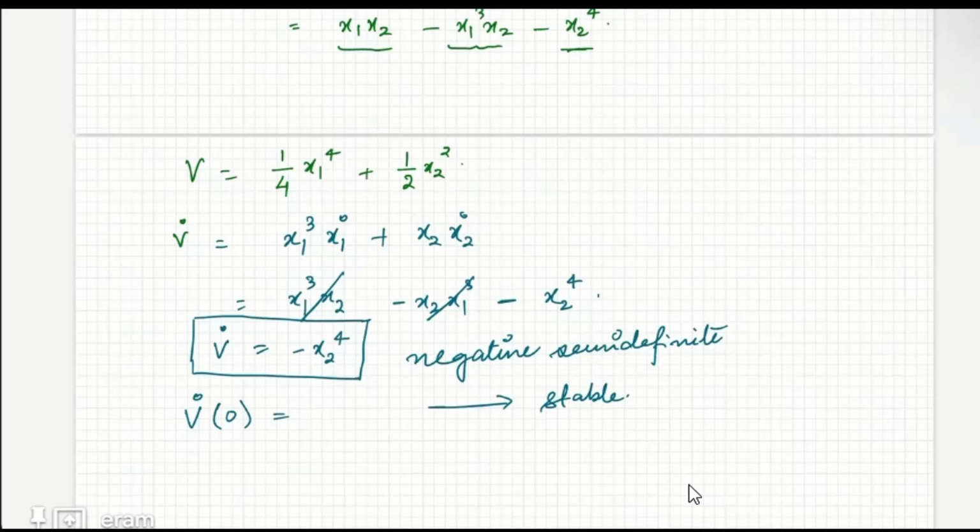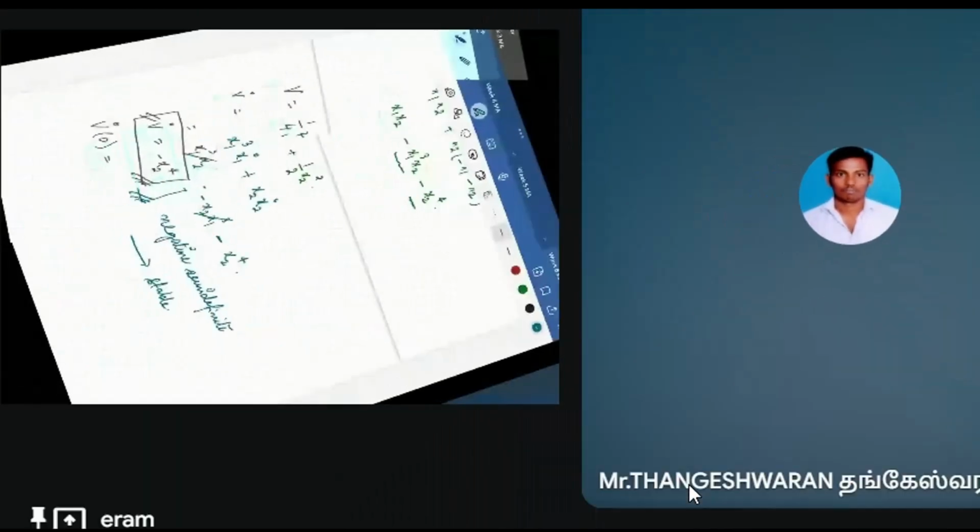We have to apply the invariance principle, and then we will check that this derivative of V will be 0 only at x1 = 0 and x2 = 0. Even if the derivative of V is telling us that it is 0 at x2 equals 0 and any value of x1, there is a principle that allows us to tell that it is 0 only at x1 = x2 = 0, and if that is the case, the system will be asymptotically stable. But that is left for future lectures.